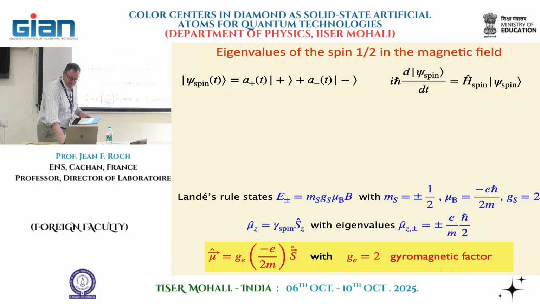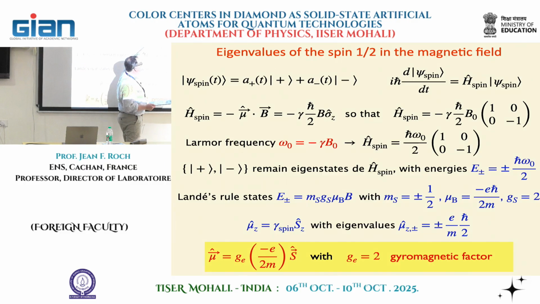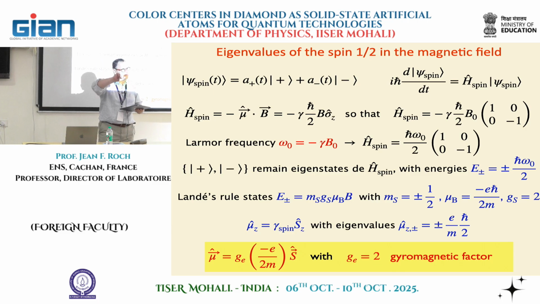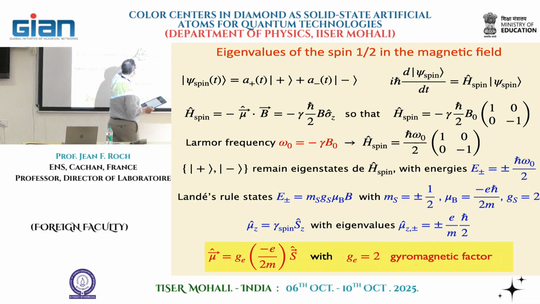And when I've done that, I can now use again my equation, taking into account the spin interaction with the magnetic field, which I can rewrite as a function of the Larmor frequency, minus gamma B0. I remind you, the Larmor frequency, the classical image, is a frequency associated to the precession of the magnetic dipole in the system. And H will be proportional to h bar omega 0 divided by 2, the Pauli matrix sigma z.